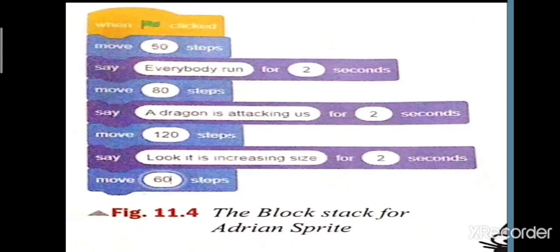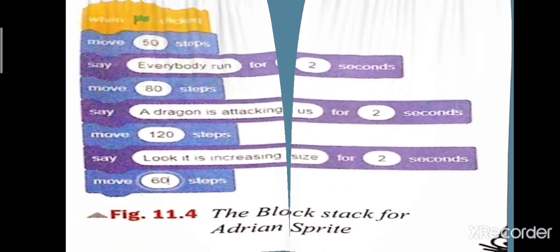Move 120 steps and say, look, it is increasing size, for 2 seconds. Then move 60 steps. So these are the steps that are going to be followed. You can see this is the block stack for the Dragon sprite.